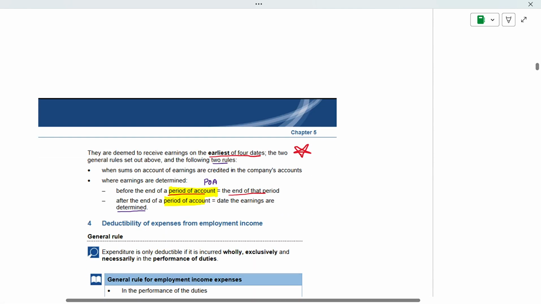When sums on account of earnings are credited in the company accounts, not the director's account, and when earnings are determined before or after the end of the period of account. Just have a look at these 4 rules.